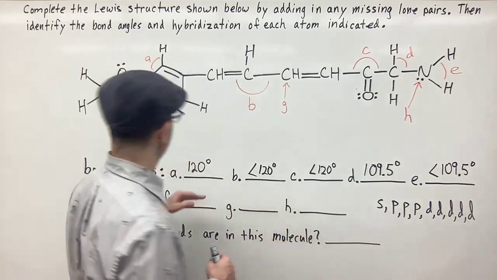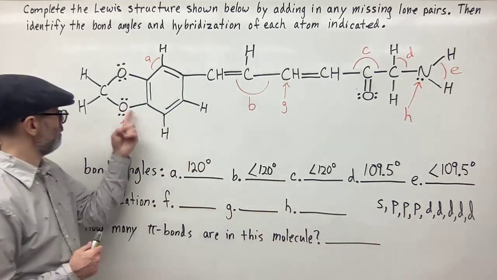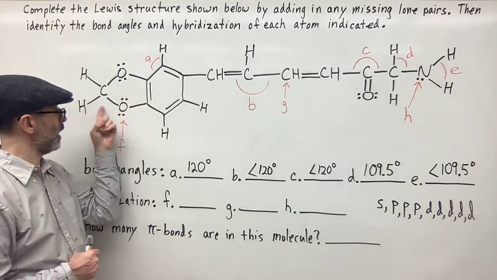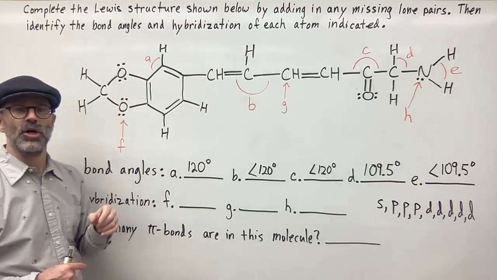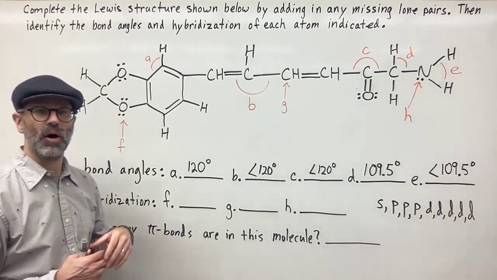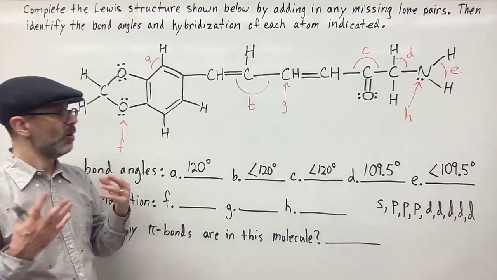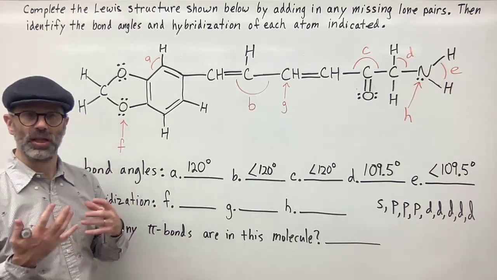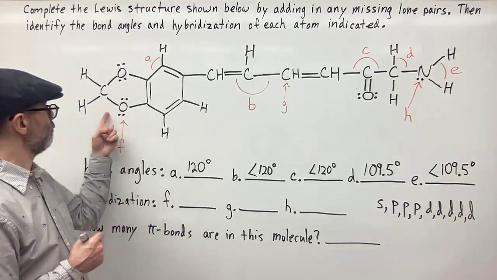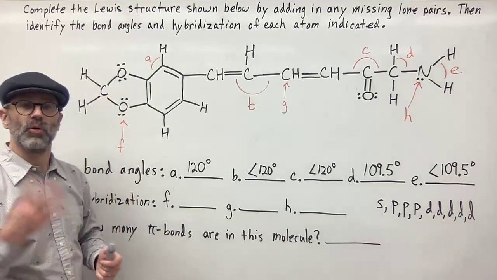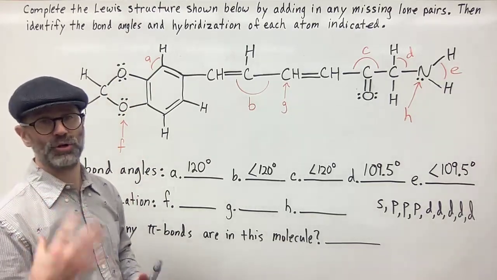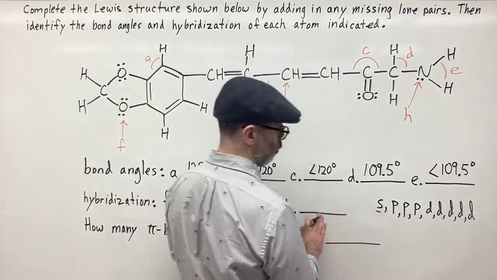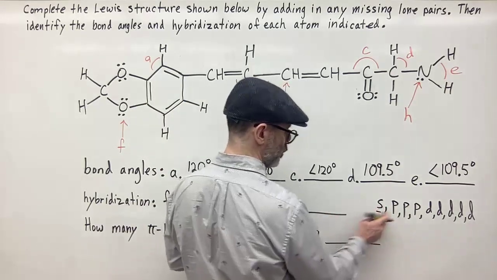So let's go ahead and do F. Now, how many electron groups do we have? We have 2 bonds, 2 lone pairs. So we need a hybrid orbital for each of those electron groups. Since we have 4 total electron groups, we're going to need 4 atomic orbitals to hybridize. That means we're going to need an s, and notice I'm working my way from the lowest energy to the highest.